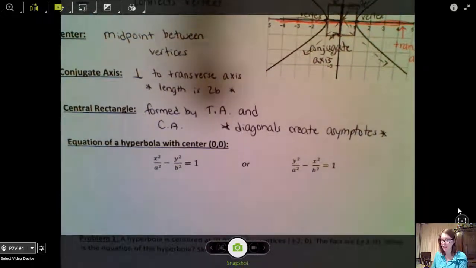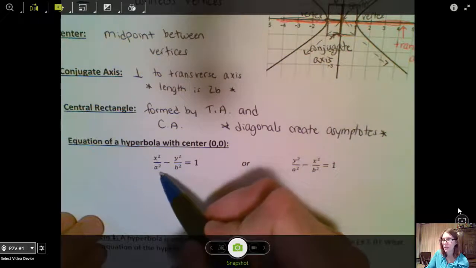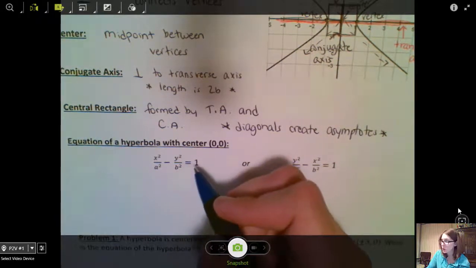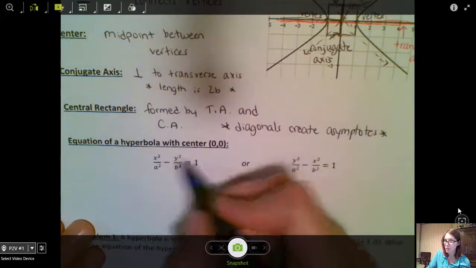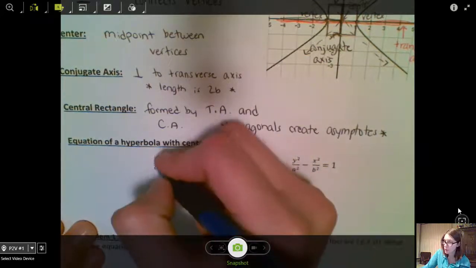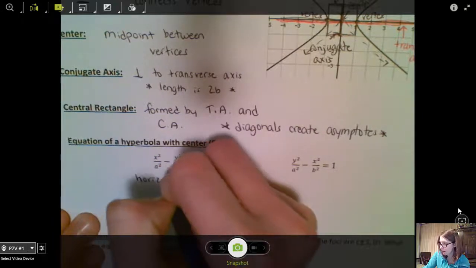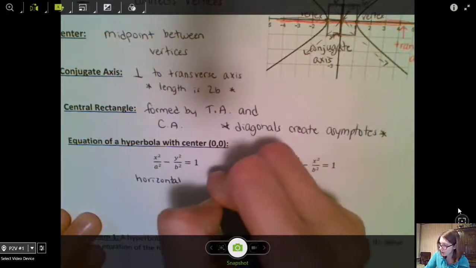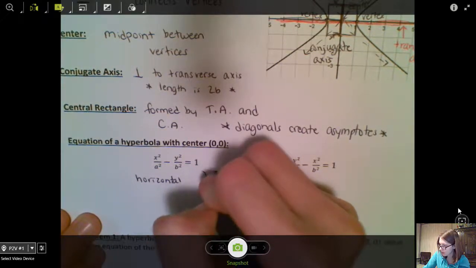Our two equations here: we have x squared over a squared minus y squared over b squared equals 1. Pretty similar to our ellipse. The main difference is that this is a minus instead of plus. This first equation, where the x squared comes first, is horizontal. This kind of hyperbola is horizontal, so that means it looks like this.